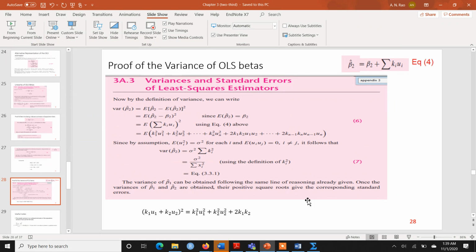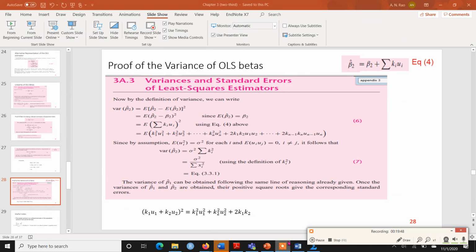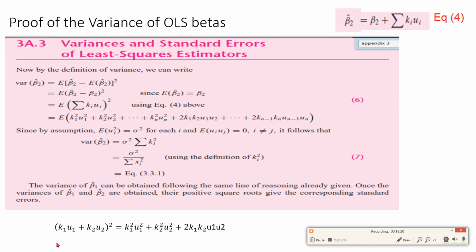So let me make this small correction here. Yes, k1 u1 plus k2 u2 whole square is equal to k1 square u1 square plus k2 square u2 square plus 2 times the first term into the second term. So we have the square of the terms and then 2 times the cross product.